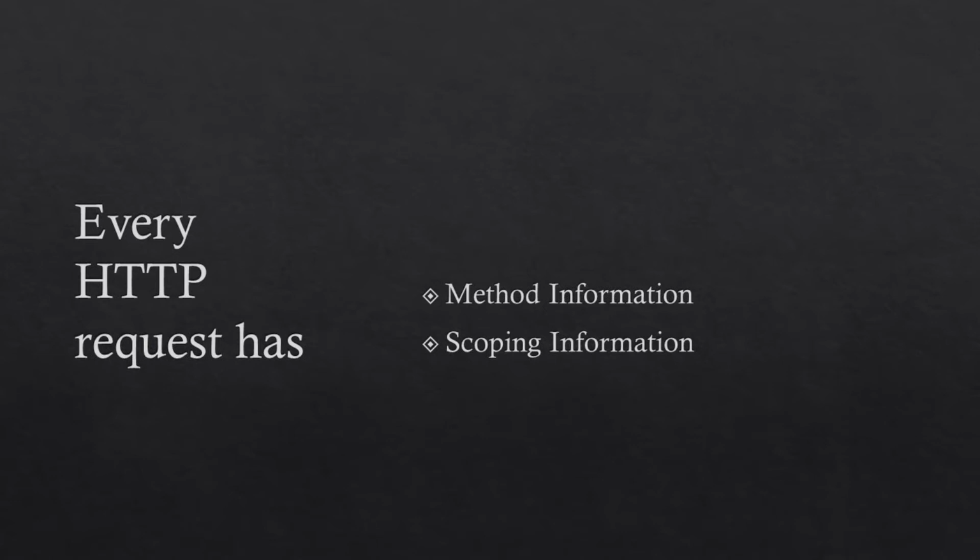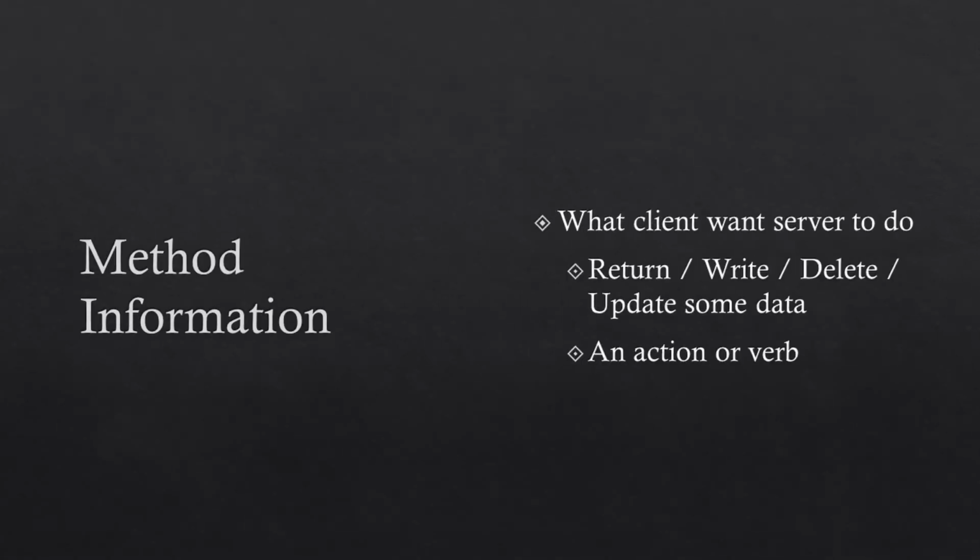So friends, let's check that. What are they? First is method information. What does the client want the server to do? Should it give back some information or should it write some new information? This is called method information.